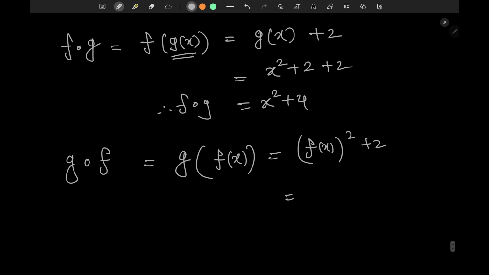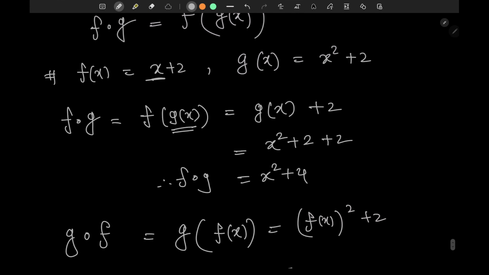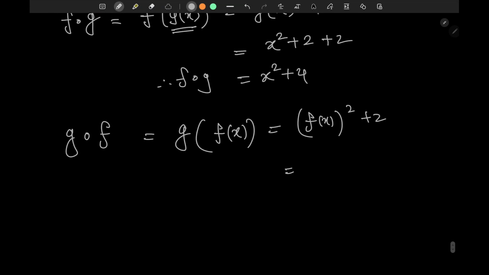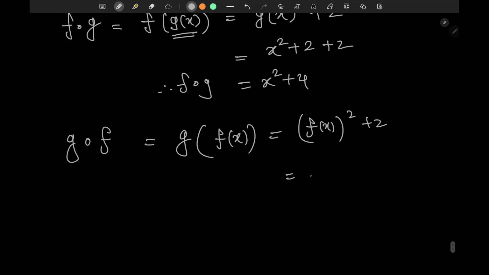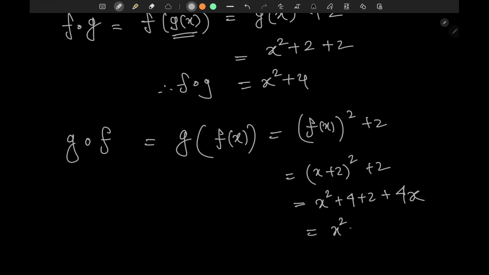And f of x was what? f of x was just x plus 2. So you do x plus 2 whole squared plus 2. This is x squared plus 4x plus 4 plus 2, so this is x squared plus 4x plus 6. And this is your function composition g of f.